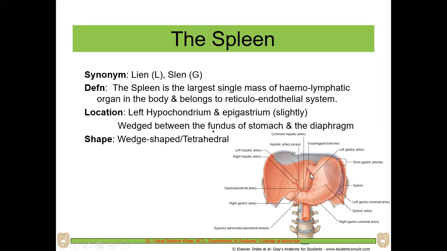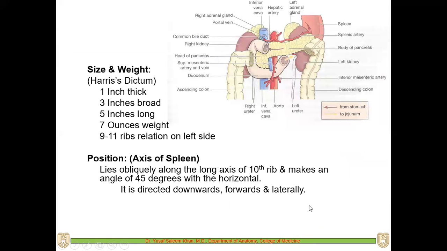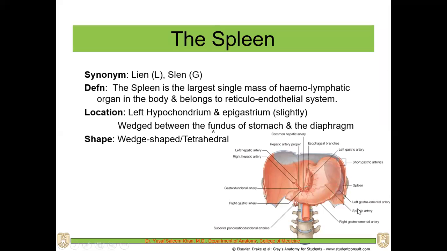Above will be the ninth rib and below will be the 11th rib, and the 10th rib will be here. It is directed downwards, forwards, and laterally.